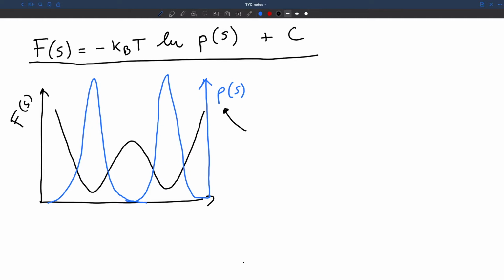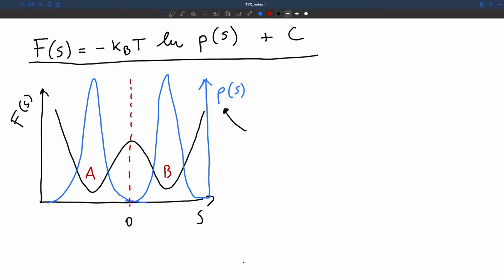And in order to compute a free energy difference between the two states, let's call the two metastable basins A and B. And as I mentioned earlier, let's consider a dividing surface between these two basins that is passing through 0 in the s coordinate.